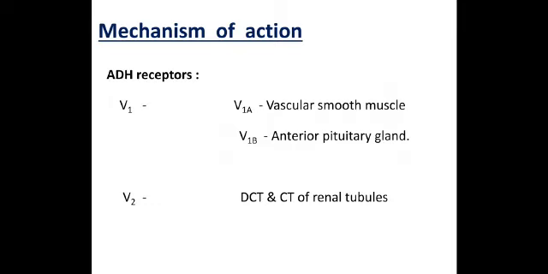The receptors on which ADH mainly acts are V1A, V1B and V2. V1A is predominantly in the vascular smooth muscle, whereas V1B is in the anterior pituitary to cause release of ACTH.